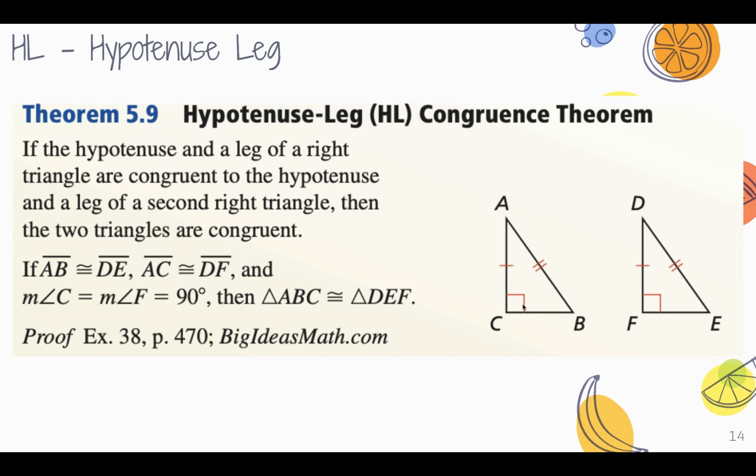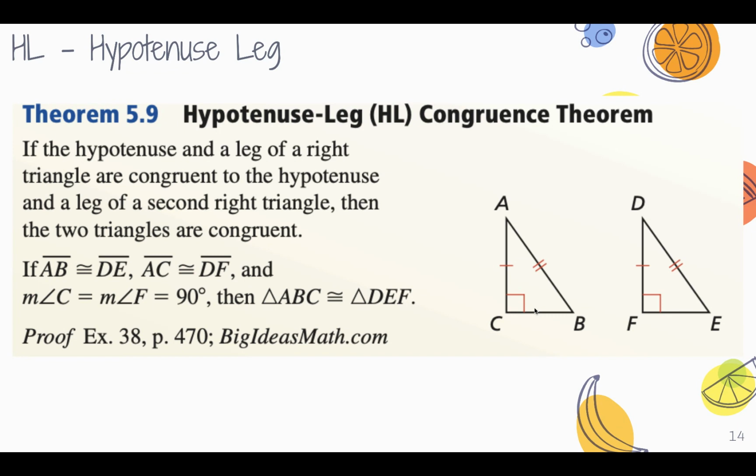And these two other sides are called legs. Remember the lesson we learned about base angles? One side is called the base, and the two congruent sides are called the legs. It's kind of like that. In a right triangle, one side is called the hypotenuse, and the other two sides that are not the hypotenuse are called the legs.